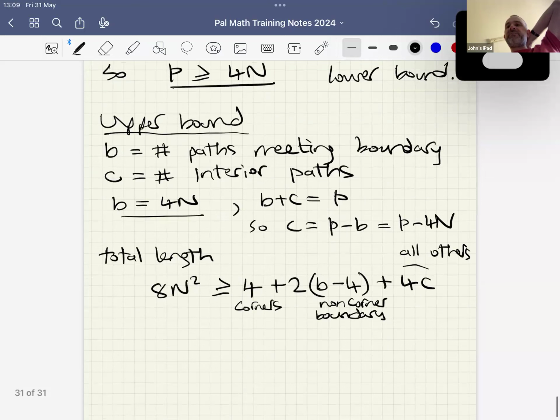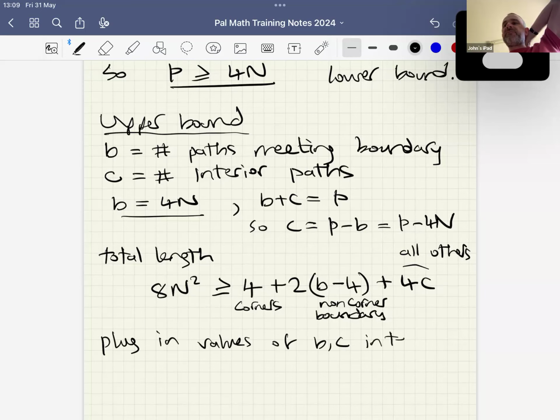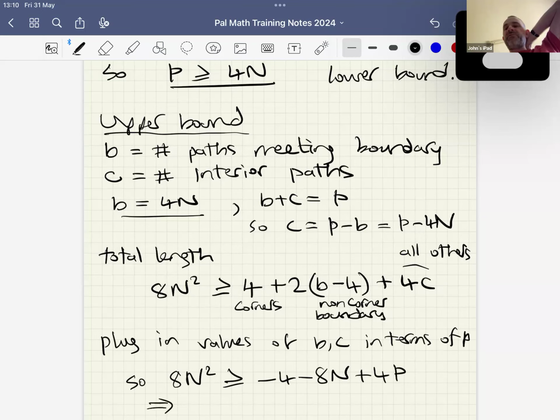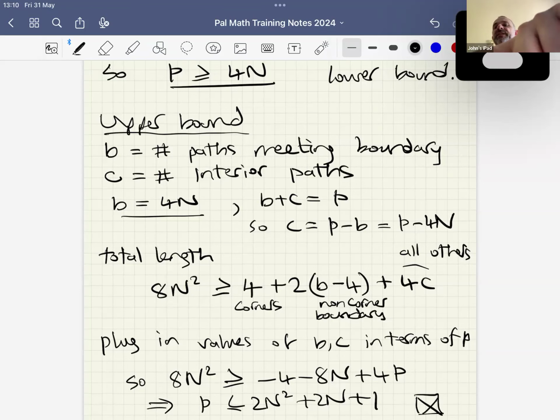You plug in the values of B and C, and you get something like 8n squared is greater than or equal to minus 4 minus 8n plus 4p, and rearrange that, and you get p is at most 2n squared plus 2n plus 1.